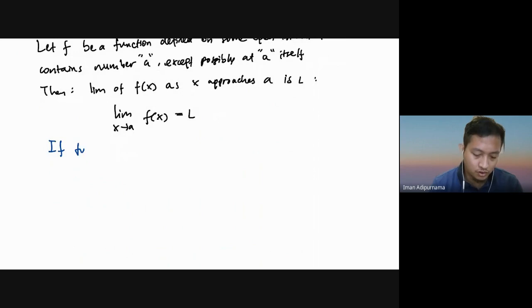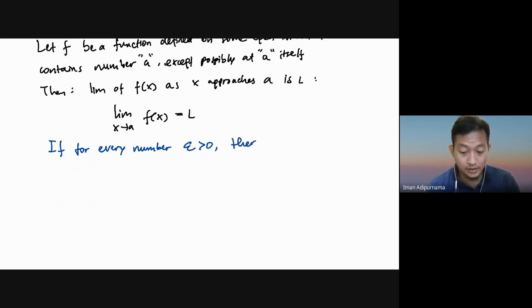So if for every number epsilon there is a number delta, okay, so we make new terms now. We have an epsilon, we have the delta.